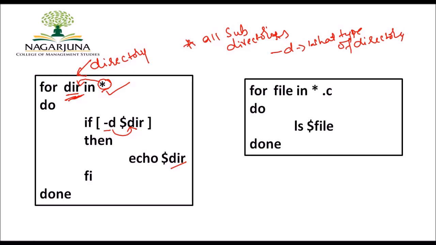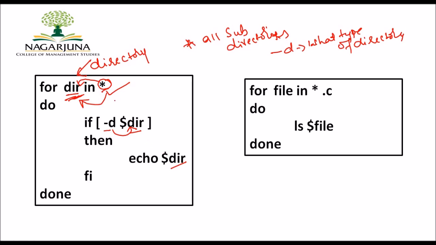Star represents all the subdirectories present in the directory, and we check the type of the subdirectory, and whether the subdirectory exists in dir. If it exists, that particular subdirectory will be displayed.